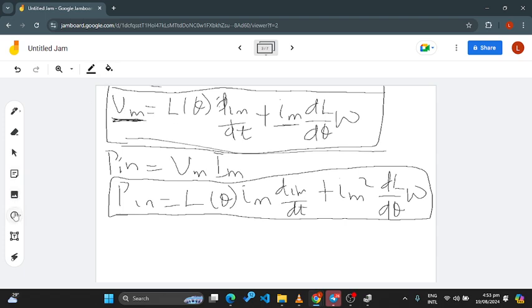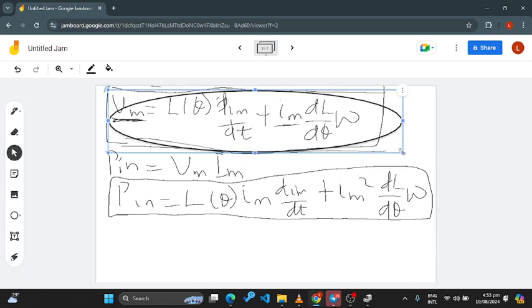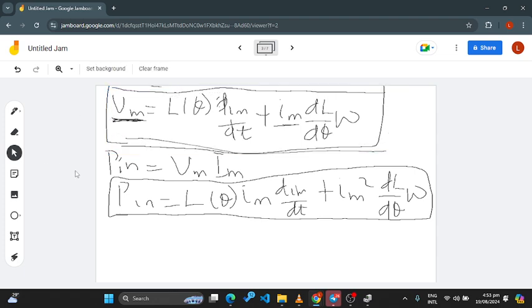Come on, let me circle this. I want to copy and rewrite this again. I should have. So I have to rewrite this thing again. Open it again.